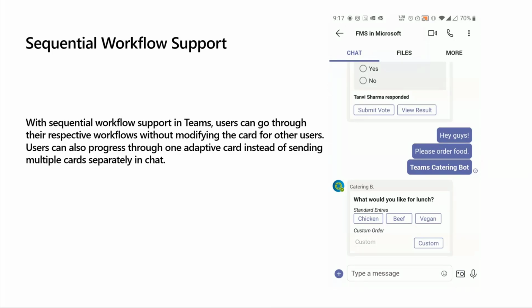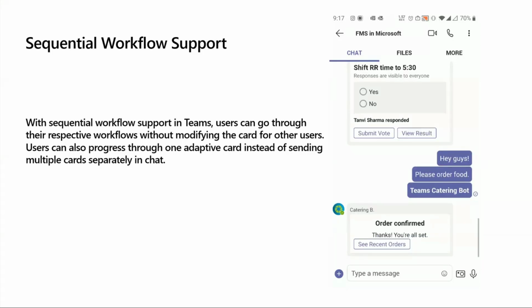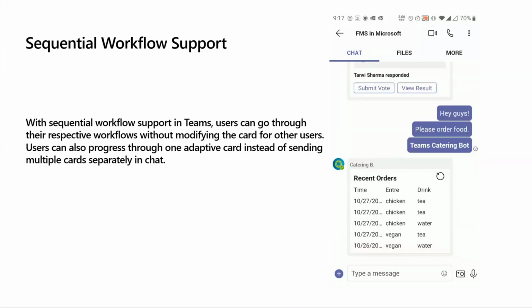So we're taking the example of a catering bot here. So I'm picking up chicken to eat, tea to drink, and I get an order confirmation here. And I decide to confirm the order, and I can just go to the recent orders. So now, essentially, I progressed through that catering bot.